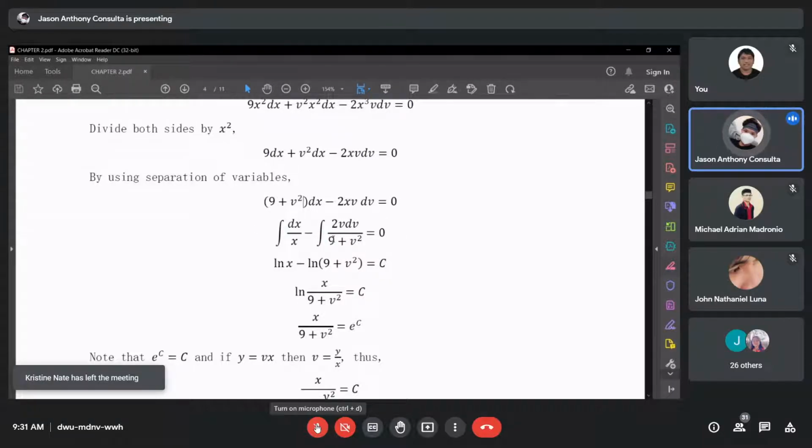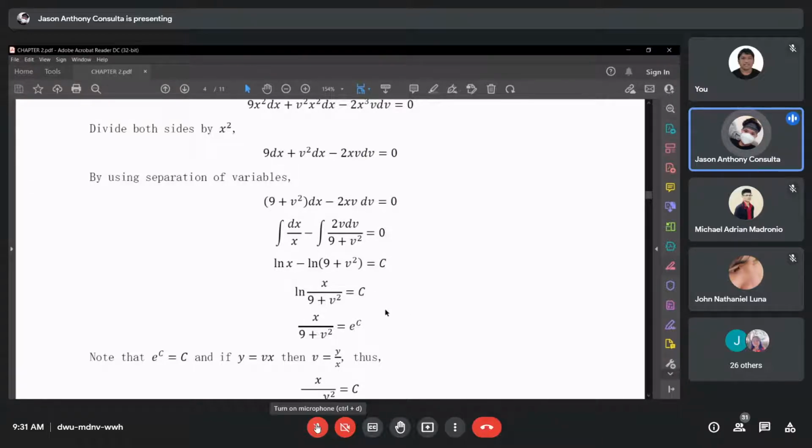Then, integrate. Okay? So, after integrating, we have ln x minus ln 9 plus v squared is equal to c. Integration na ito, nito. Okay, so simplify this one. ln x over 9 plus v squared is equal to c.